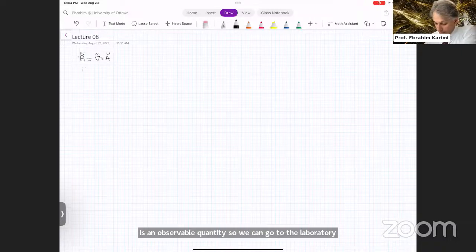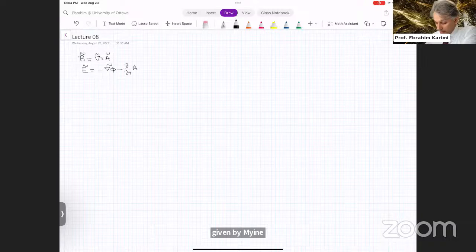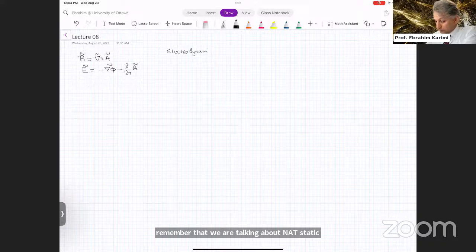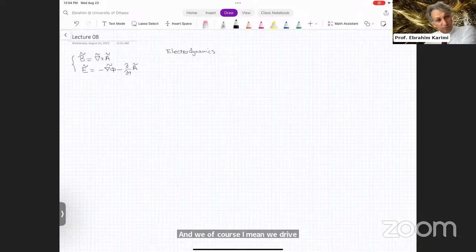And on the other side, E is given by minus gradient of phi minus the time derivative of A. Remember that we are talking about non-static electrodynamics, and of course we derive these from Maxwell's equations. They satisfy Maxwell's equations.